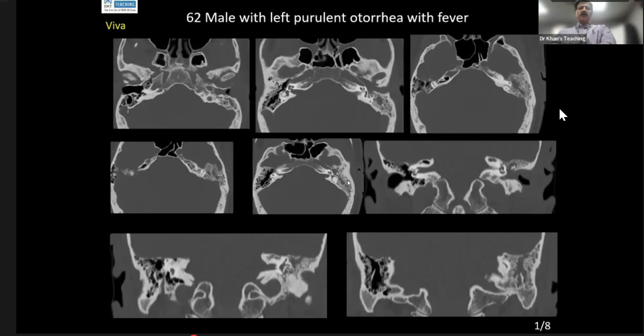We can see a lot of inflammation and opacification of the mastoid cells and the middle ear cavity, etc. And this is the petrous apex. You don't see much there on this CT scan. You can see a bit of aeration, but these are also opacified.